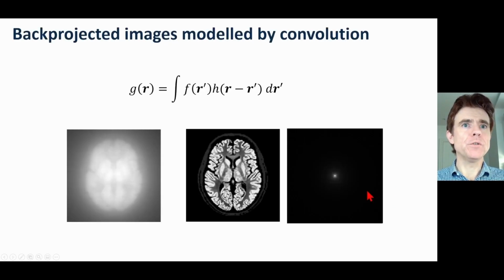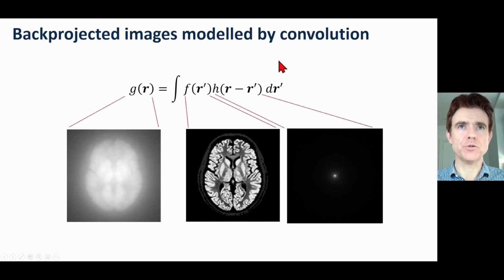Okay, let's move on. Sorry, this is just to finish the model of convolution, just to now say, having described that integral, hopefully you can see how the true object, when convolved with a point spread function, gives this, and that is none other than that convolution integral.